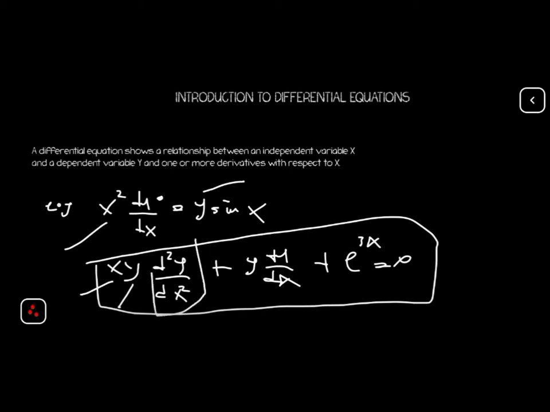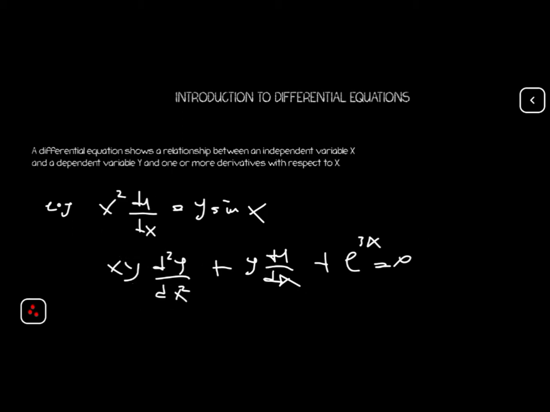This is a derivative with respect to x, and this is a derivative as well with respect to x. Alright, that is pretty much about the concept of a differential equation.